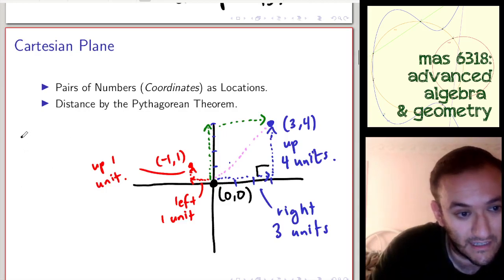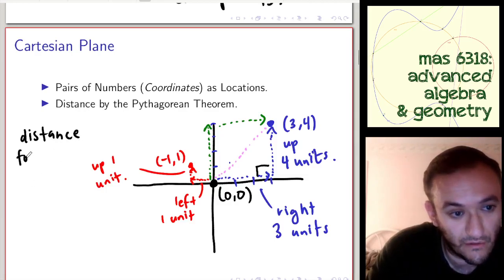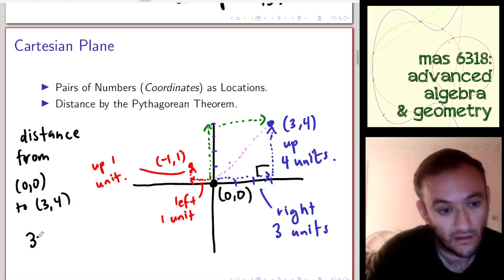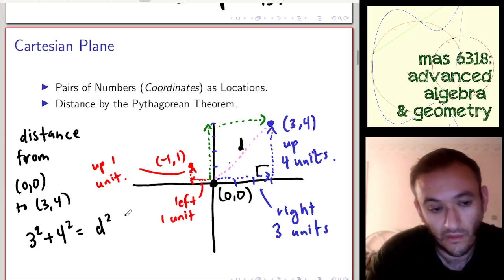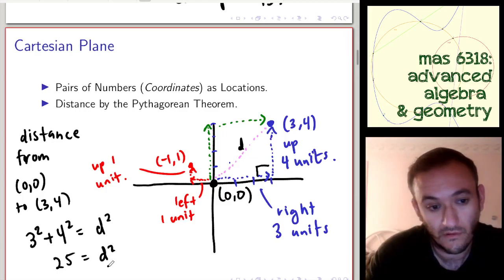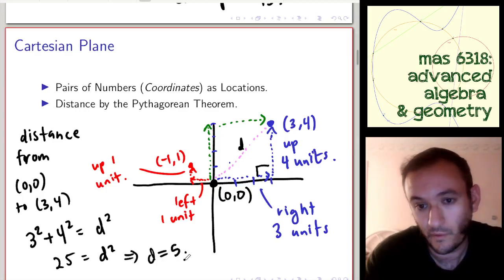So for distance from 0, 0 to 3, 4, you use the Pythagorean theorem to get 3 squared plus 4 squared equals d squared, where this is d. And you find that this is 9 plus 16, or 25. And then you take the positive square root to get d equals 5.